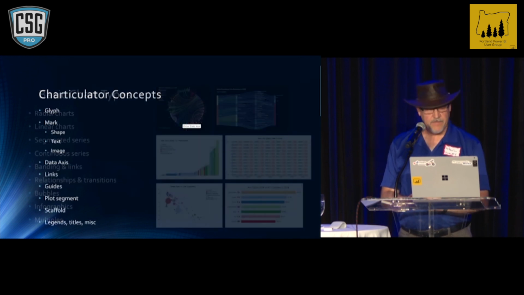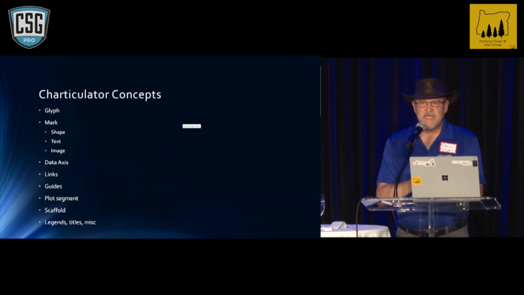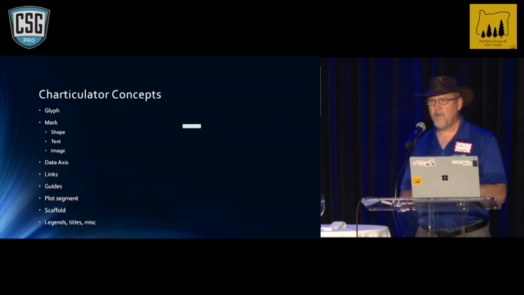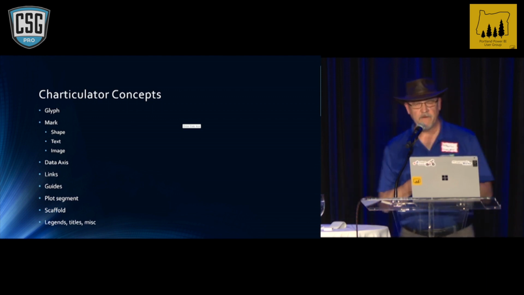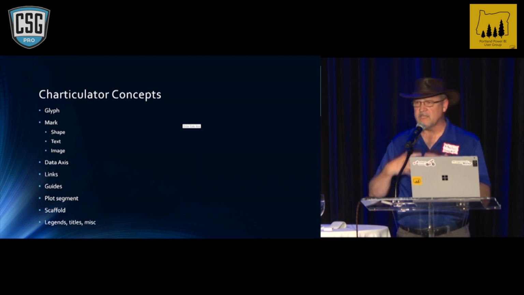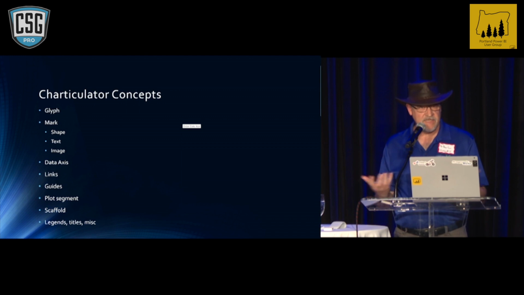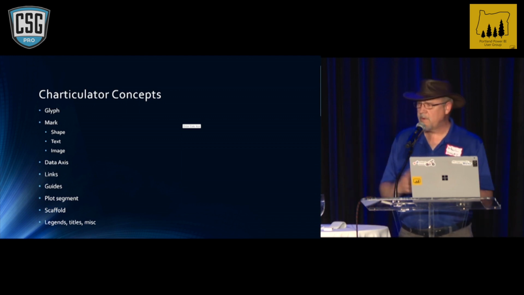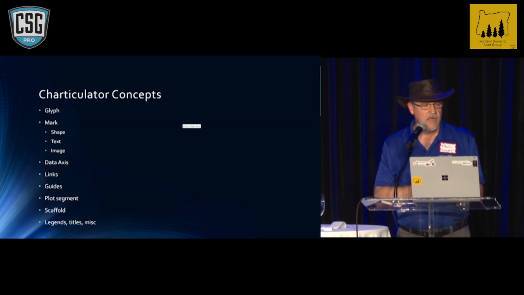All right. So some concepts that are important when working with Charticulator. First of all, when you get started, if you're like me, you'll struggle a little bit with some new ideas. And these are actually objects and structures that do exist at the API layer, so they would actually be familiar to a programmer who has actually done custom visual design.